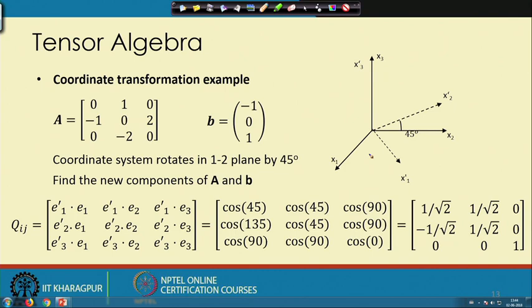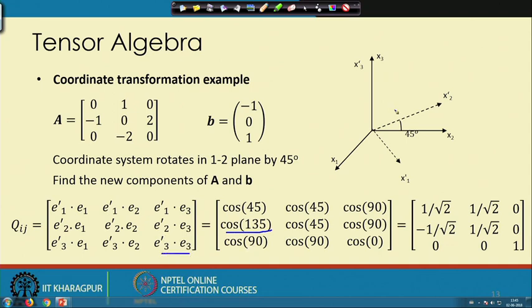So, this is 45, and then this 90 will be added, so the 90 plus 45 degrees becomes 135 degrees. Similarly, this becomes cos 135 degrees. Now what is E3 prime dot E3?